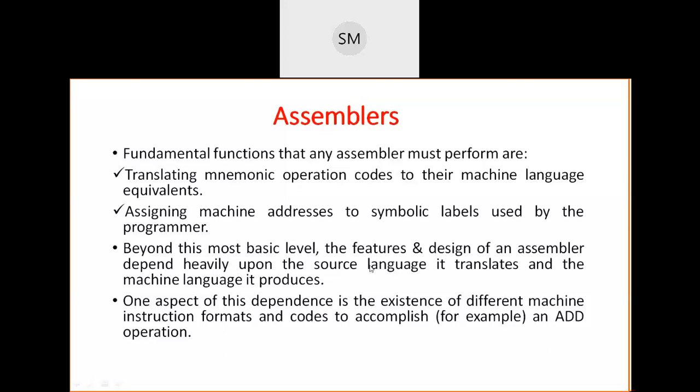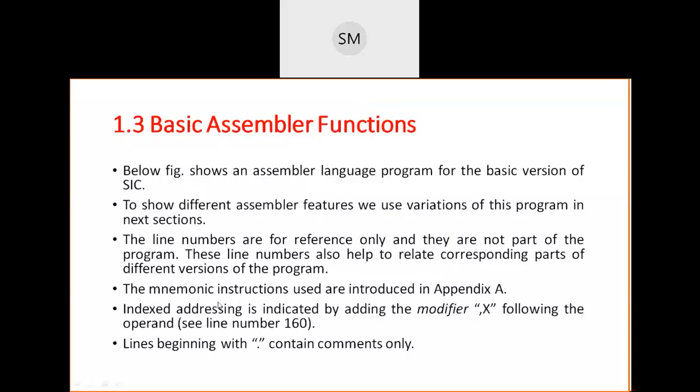This source code is converted into machine level or low level language, and that code is called object code. Remember, source code will be translated into object code. The source program will be converted into the object program. Clear? So here we will see some other basic assembler functions.